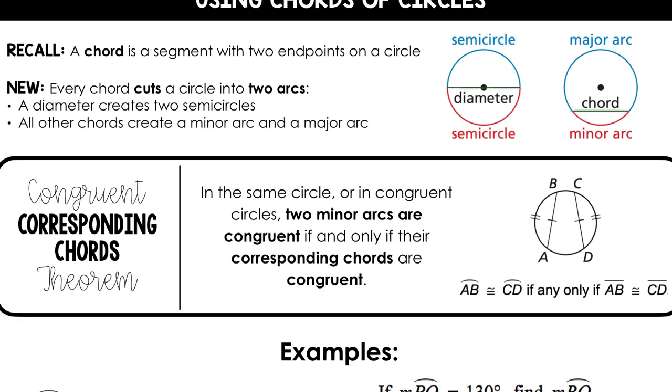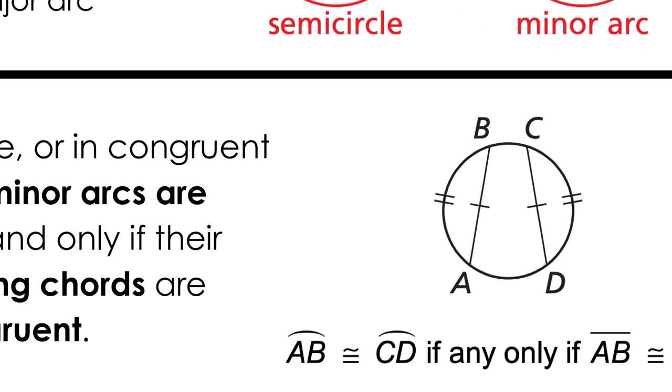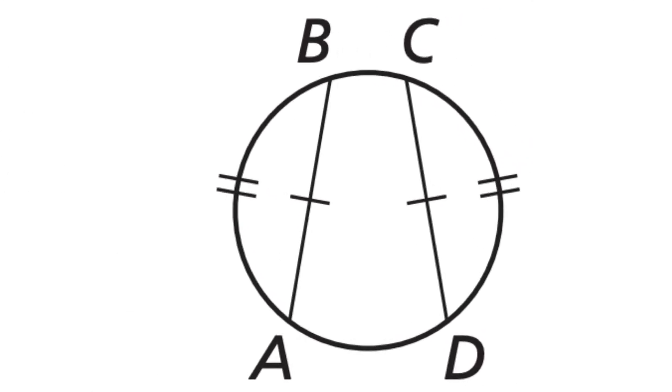Okay, so the first theorem we are going to learn today about using chords in circles is called the congruent corresponding chords theorem. And it's pretty self-explanatory. It's kind of common sense. It says that in order for two arcs to be congruent, so let's look at the arc that goes from B to A, so this arc right here, if that arc is congruent to arc CD, the only way that can be true is if the chords that create those arcs are also congruent.